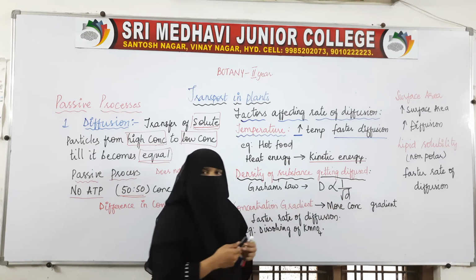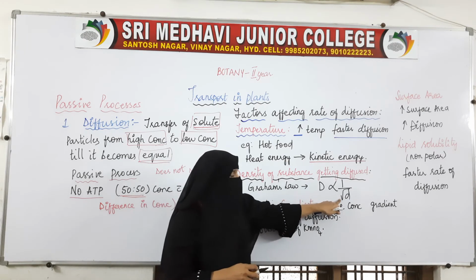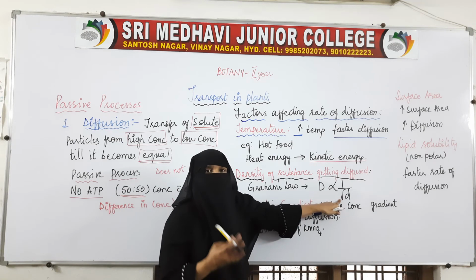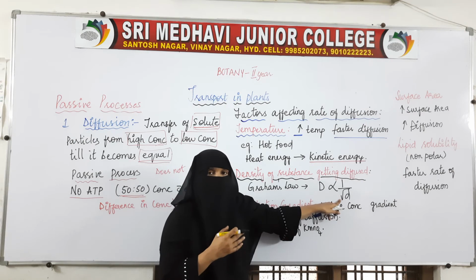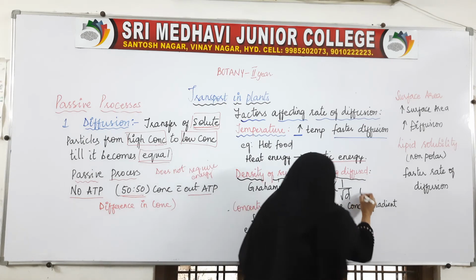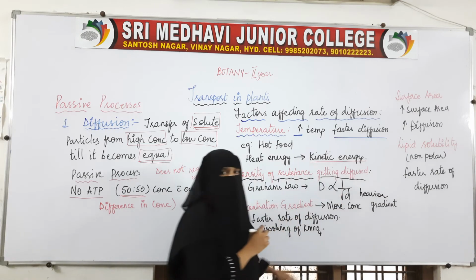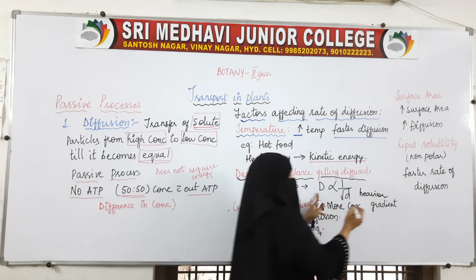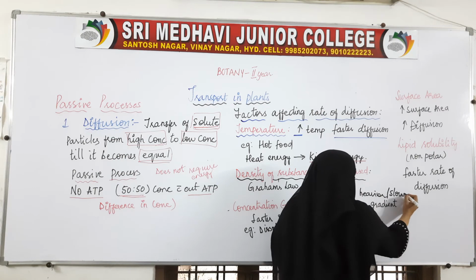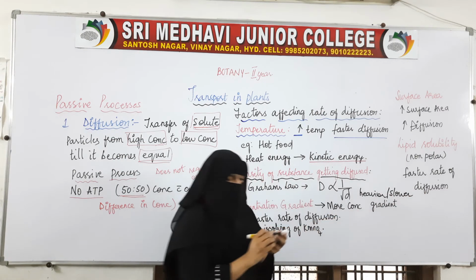So if the substance which is getting diffused is heavier, if the density of the substance which is getting diffused is higher, then the rate of diffusion will be slower.